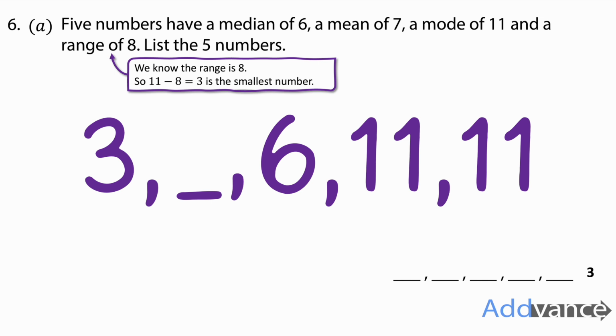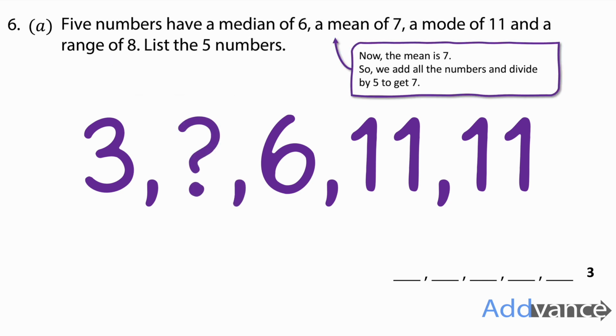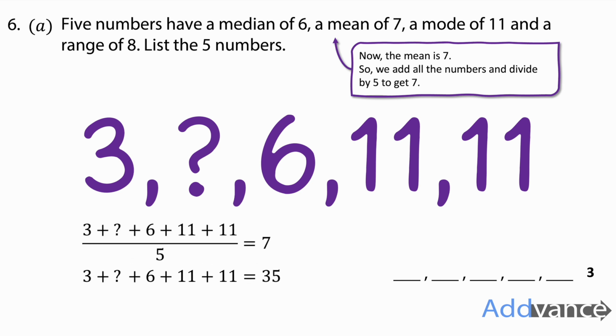Now the last number is the most complicated number, and what we'll do here is we'll add up all these numbers and divide by 5 to get the mean of 7. So we'll add up all 5 numbers, 3 plus our missing number plus 6 plus 11 plus 11. We'll divide that by 5 and we'll get 7. We know the mean is 7. And so we can simplify this by multiplying by 5.